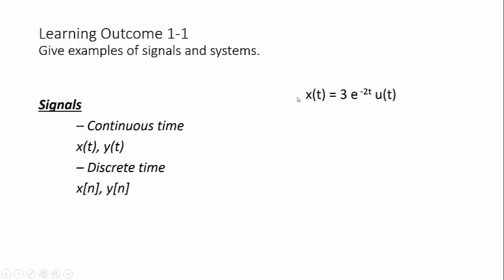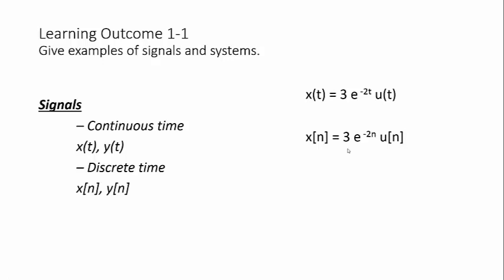Now you're familiar with functions of time. For example, x of t is 3e to the minus 2t u of t, where u of t is a unit step or Heaviside function. You can imagine that there are functions of n, and you may have seen them, but a function like this is not something you've seen very often.